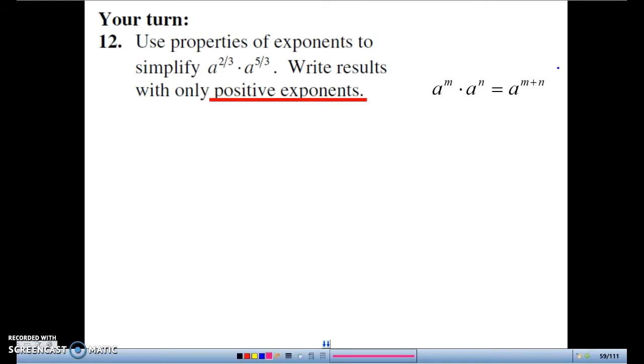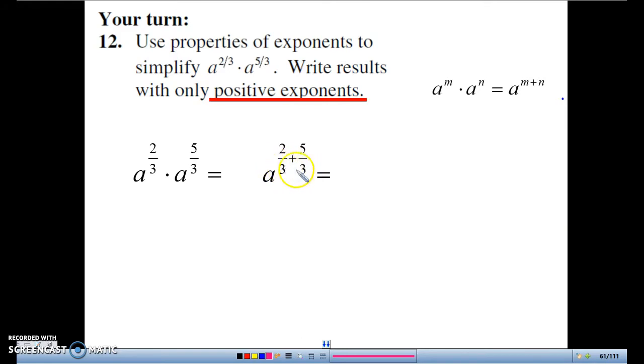Let's use the properties of exponents to simplify a to the 2/3 times a to 5/3, and write the results using only positive exponents. They don't want it in radical form. So just to remember, if your bases are the same, you add your exponents. Well, here my bases are the same. I'm going to add my exponents.